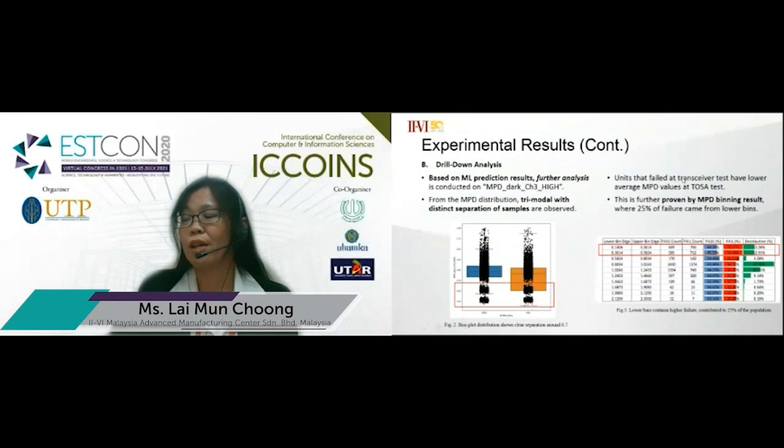Units that fail at transceiver test have lower average MPD values at TOSA test. This is further proven by MPD binning result where 25% of failure came from lower bins.